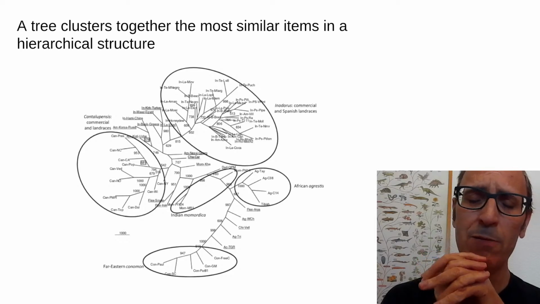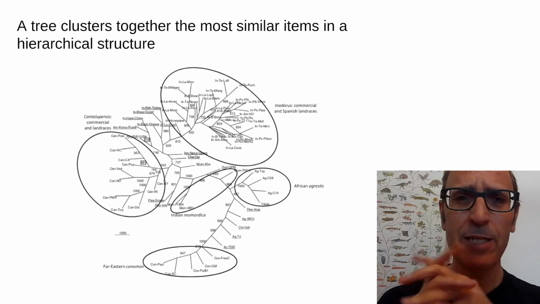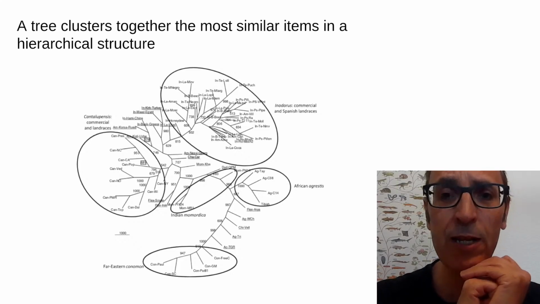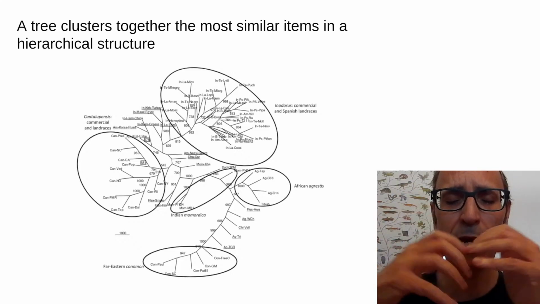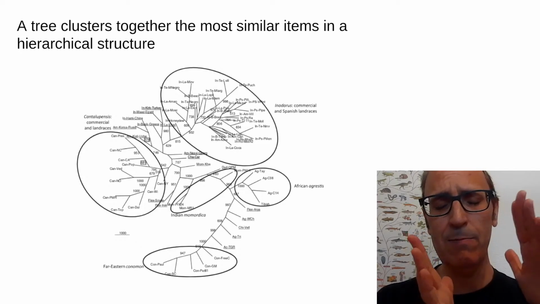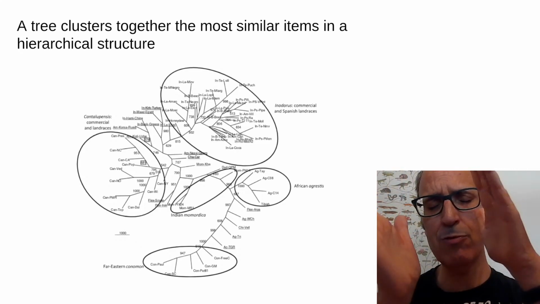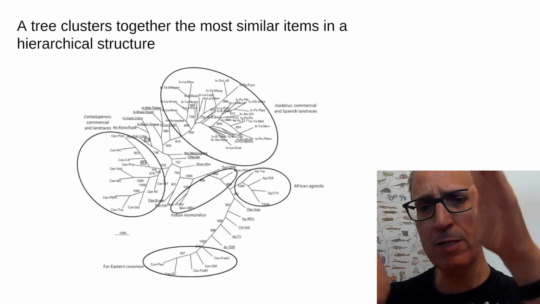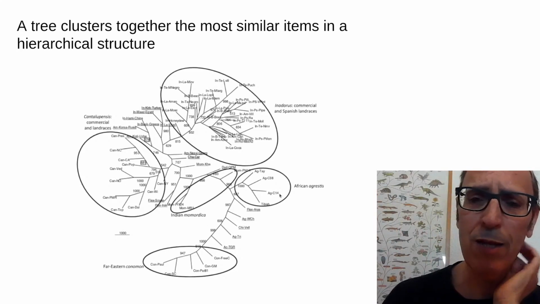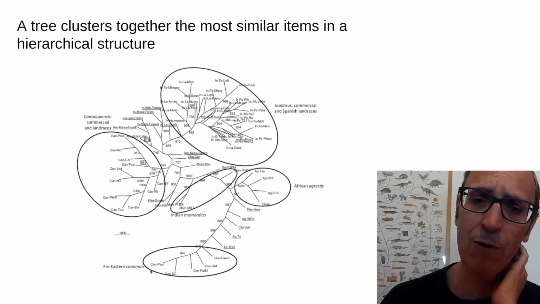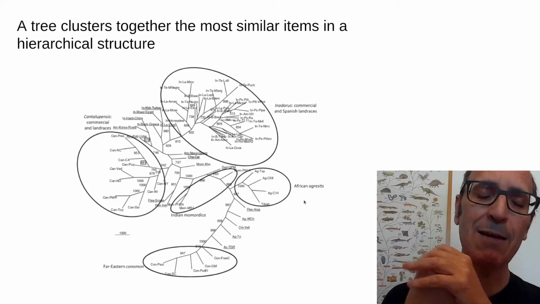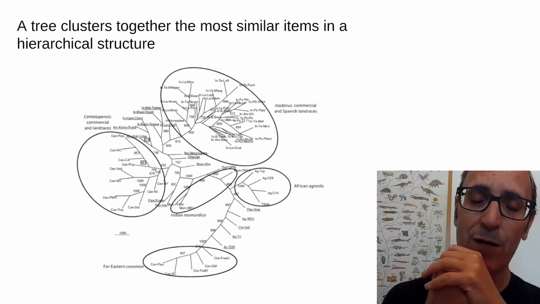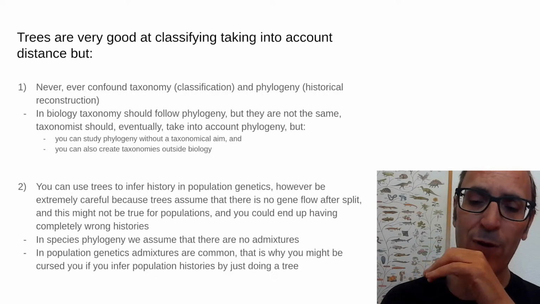Could be morphological data or genetic data, and they will try to create a tree, and a tree is hierarchical. There are big branches that split into smaller branches, then split into smaller branches, and so on until you get to the leaves. Okay, and the leaves will be your individuals. This is what a tree does. Sometimes trees could be very, very useful, but you have to be very, very careful with them.